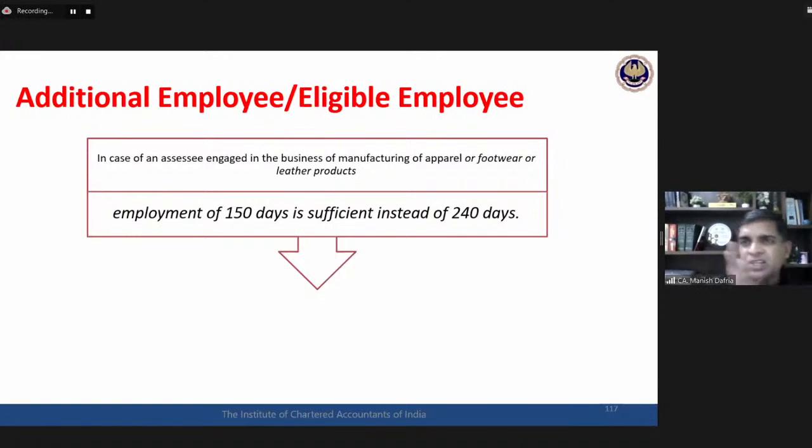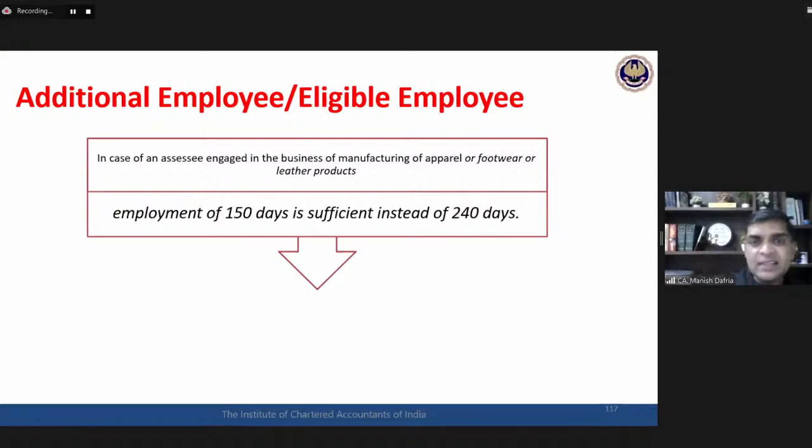In order to treat that employee as an eligible additional employee, employment of 150 days is sufficient. Normally, a person would be treated as an eligible employee only when he has been employed for a minimum of 240 days during the previous year. But for these industries, even if somebody has been employed for 150 days, this is good enough. He will be eligible.